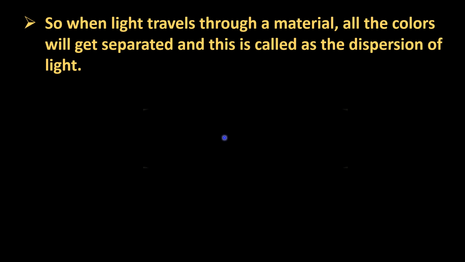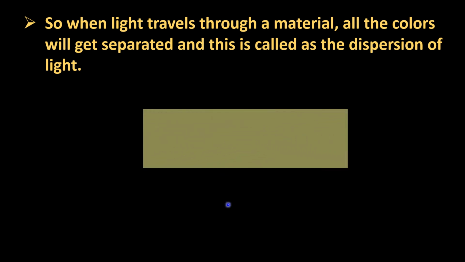See here, I already showed you this. This is the red color light incident on the surface of the glass slab, and here is the normal. It will get refracted, and it bends less. Why does it bend less? Because the refractive index NR in case of red light is less. This is the red light.